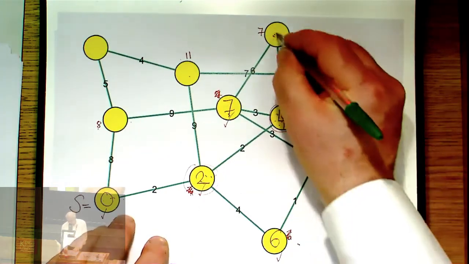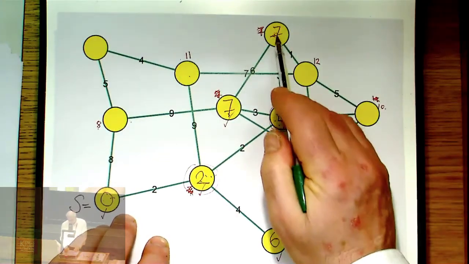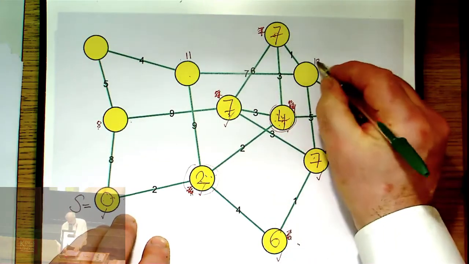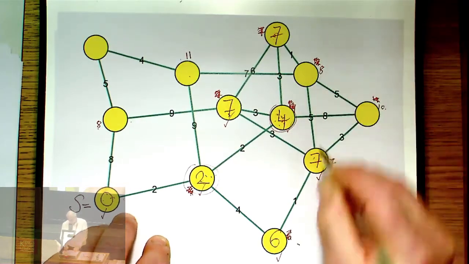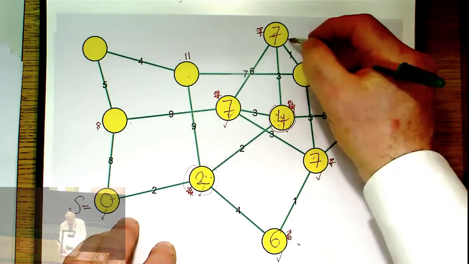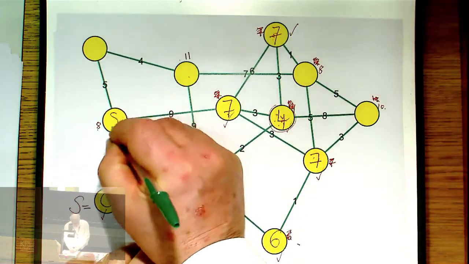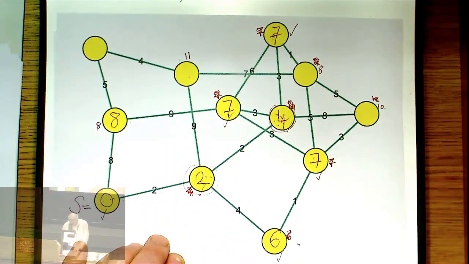Now I've got this 7, which can be made permanent. And I've got 7 plus 1 is 8, which is better than 12, so the 12 gets replaced by 8. And that has done this vertex. Now, what's the next smallest number? We've got 2 8s. Well, let's start with this 8. Oh, no more 7s.